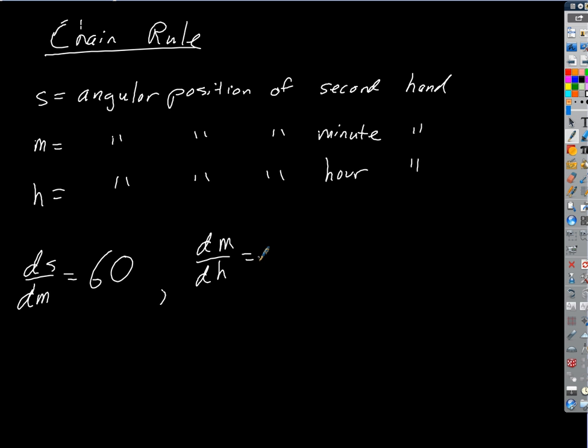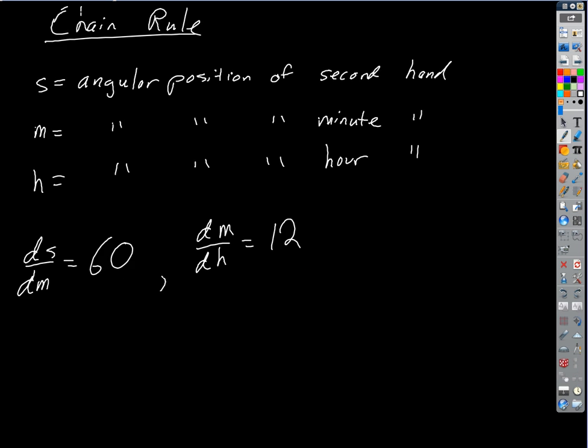What's this answer? 12. Exactly, it's 12. Because the minute hand has to go around the clock 12 times for the hour hand to go around the clock once. Agreed? Okay, so now here's where the chain rule comes into play.